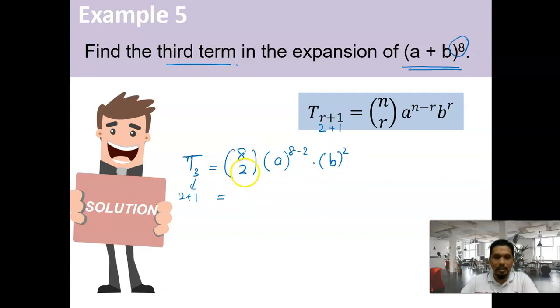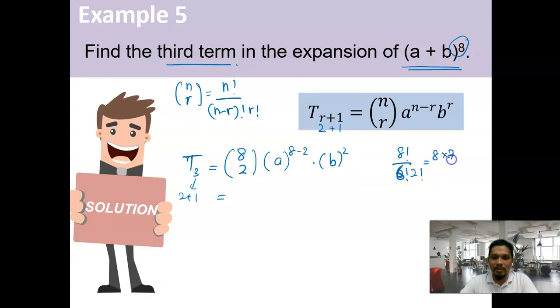So C(8, 2) is 8 factorial divided by 8 minus 2, which is 6 factorial, times 2 factorial. Again, C(n, r) is n factorial divided by (n minus r) factorial times r factorial. So the notation of C(8, 2) here is 8 factorial over 6 factorial times 2 factorial.